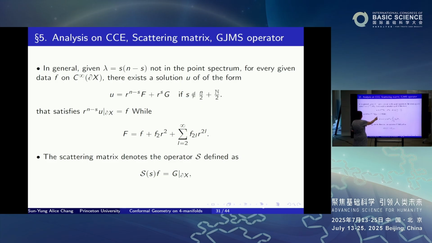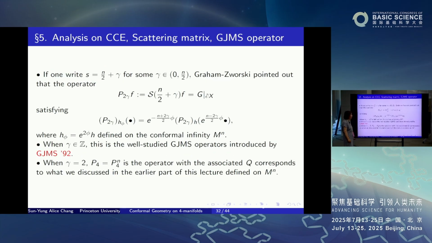And this Dirichlet data f is given by r to the n minus s, s minus n times u restricted to the boundary. F restricted to the boundary is my given data f. Okay. So given this Dirichlet problem, that means we give this f, we solve this equation, and then we look at the data, and that's the Neumann data. The Neumann data is called the scattering operator. The scattering map S, sending f to g restricted to the boundary, is the scattering data.